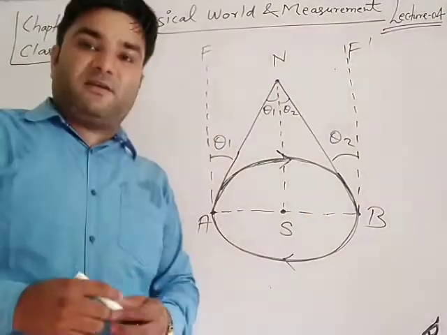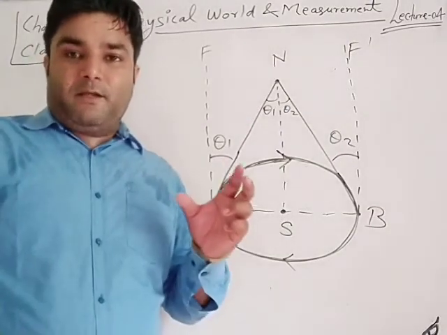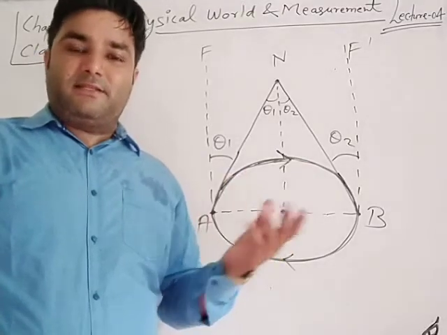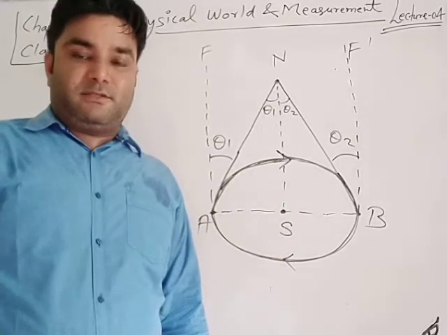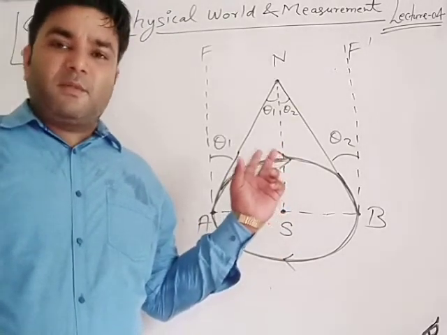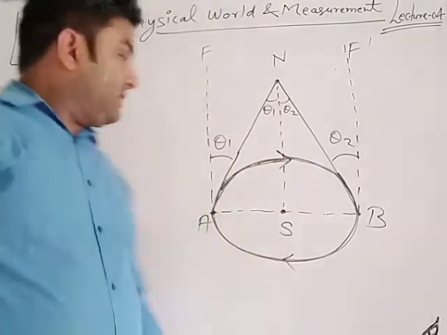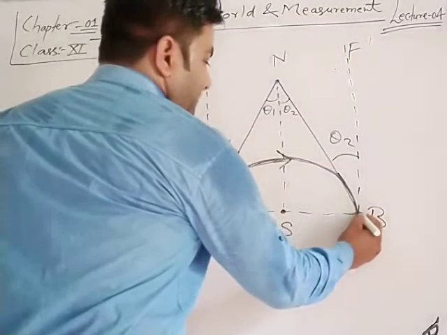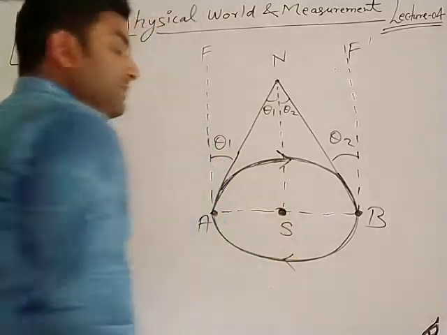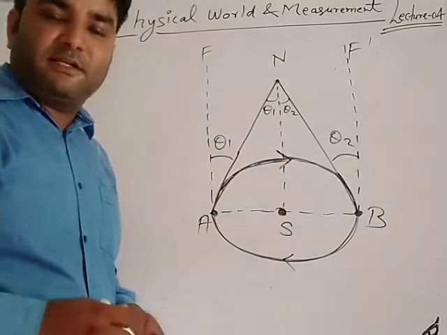First listen about the parallax method. In which condition is the parallax method applicable? Whenever the distance of stars or any object is less than 100 light years, then we can apply the parallax method to calculate the distance of that point from earth. Here the position of earth is either at point A or at point B, and S is the position of the sun, and we know the distance between the sun and the earth's center, that is the astronomical unit.